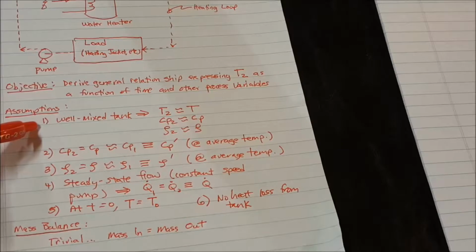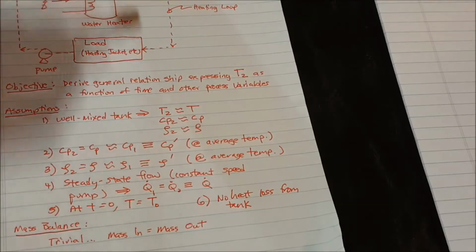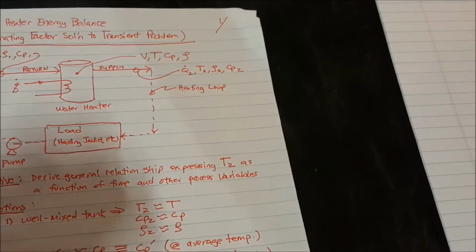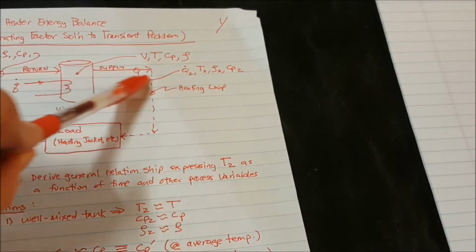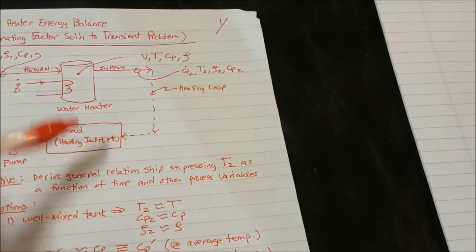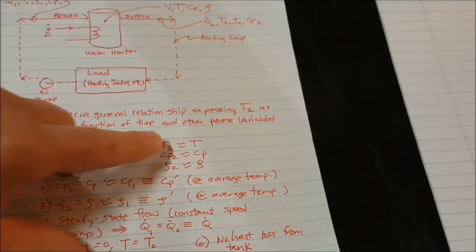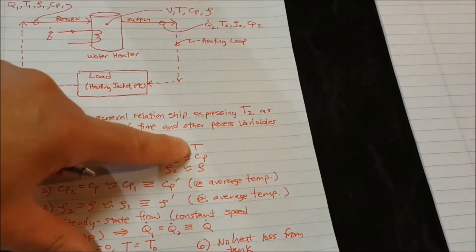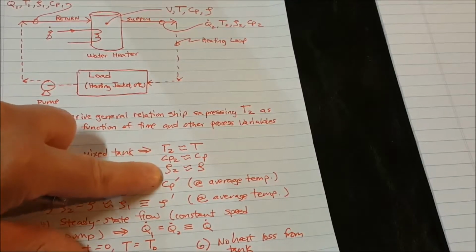The water heater tank is well mixed, and that assumption leads to the properties on the output of the tank being equal to what's in the tank. So in other words, T2 coming out is equal to T in the tank, and similarly for the heat capacity and density.